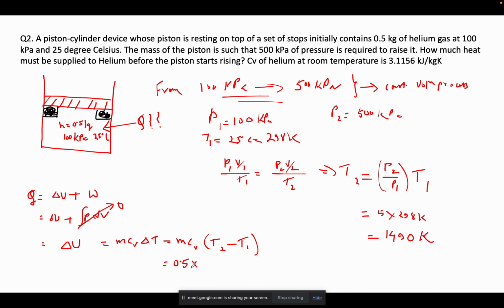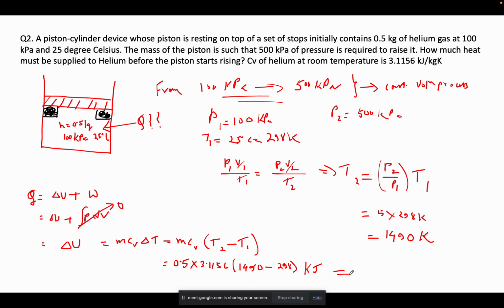Okay, and Cv for helium is given to you as 3.1156 kilojoule per kg Kelvin, and your T2 you know is 1490, and T1 is basically 298. Okay, kilojoule per kg Kelvin, so this will be in terms of kilojoule.